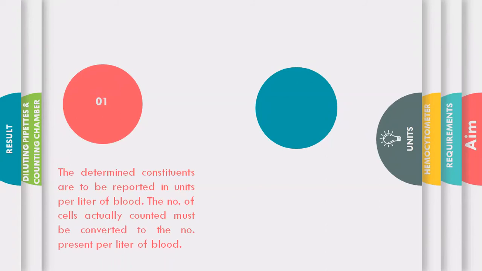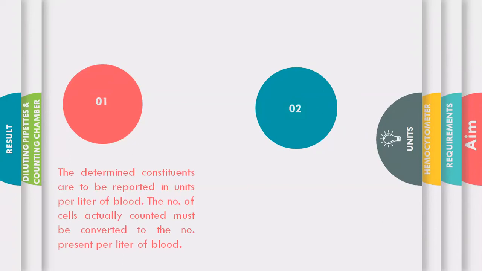Next are the units for counting cells. First, the determined constituents are to be reported in units per liter of blood. The number of cells actually counted must be converted to the number present per liter of blood.